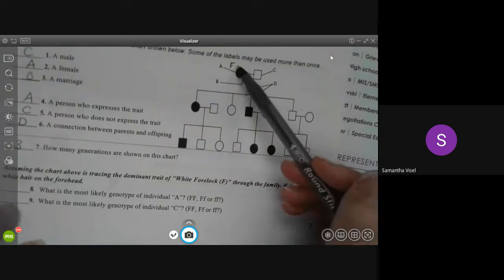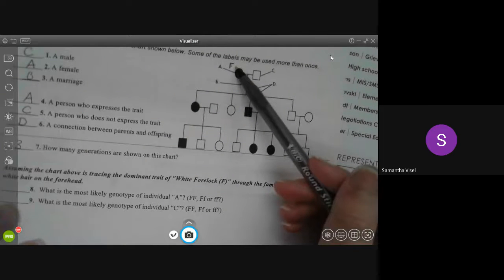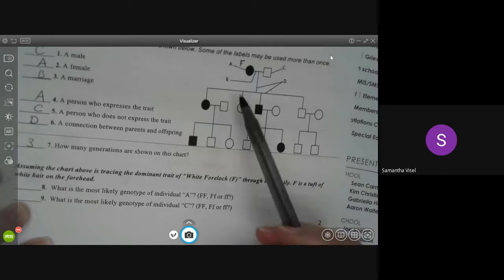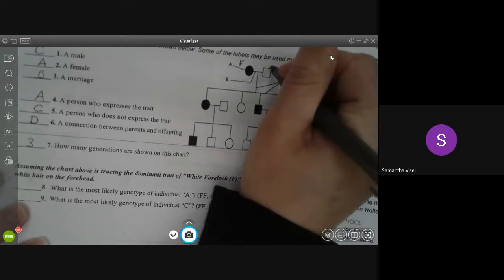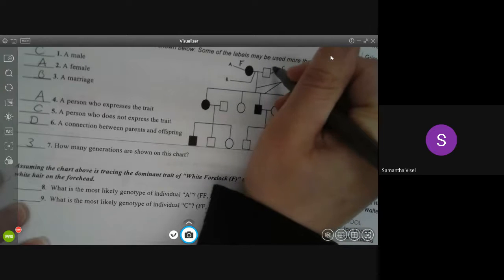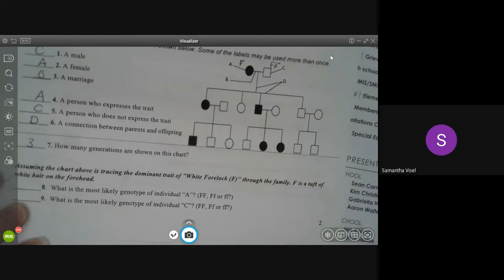So if this was an uppercase F, then it would be very likely that all the children would have white forelock. And actually, not very likely, it would happen because if the dad here did not have white forelock, then his genotype is little f, little f.